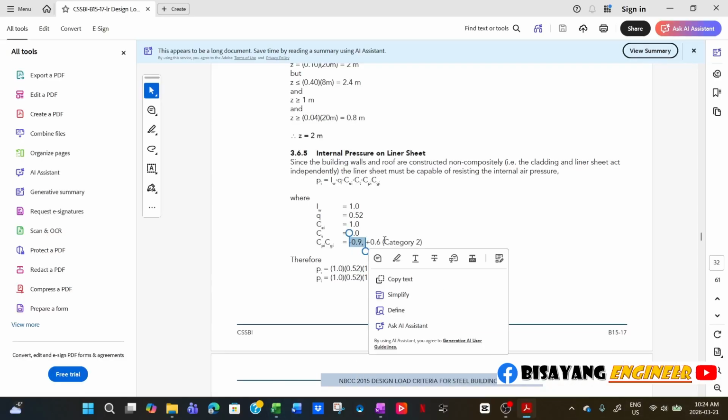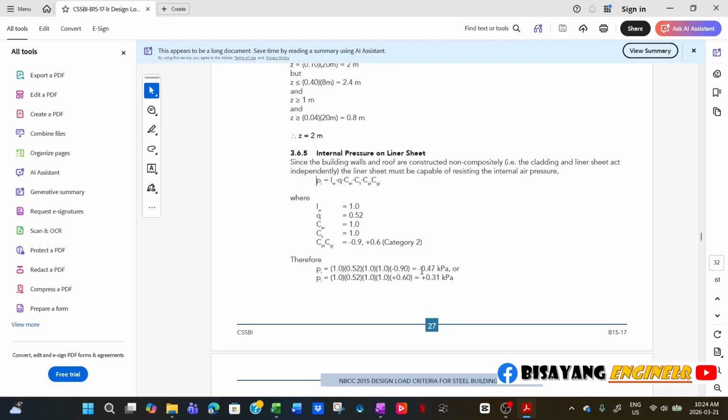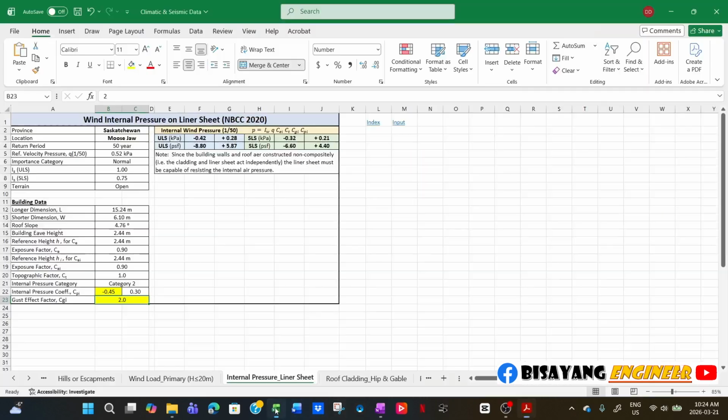And of course, this is your formula for calculating the wind pressure. It will give us 0.47 for the negative pressure and 0.31 for the positive pressure.